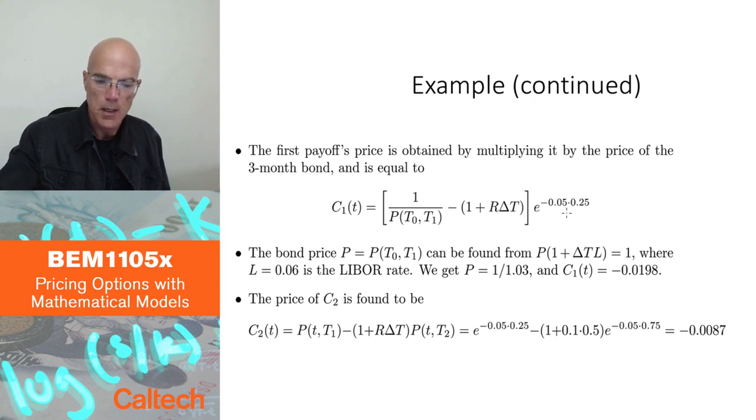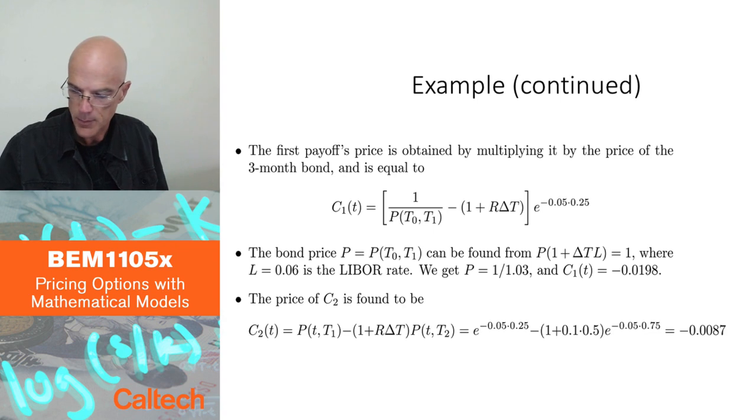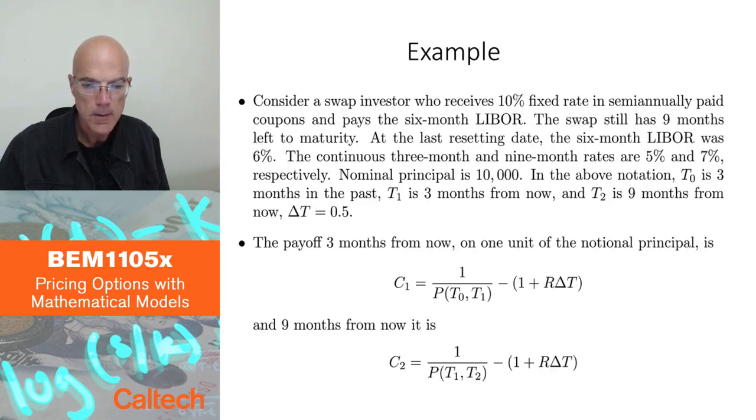But I'm assuming that I know, in terms of a continuously compounded rate, what the rate of the 3-month bond is, and it was assumed to be 5%. Yes, the 3-month rate was assumed to be 5%.